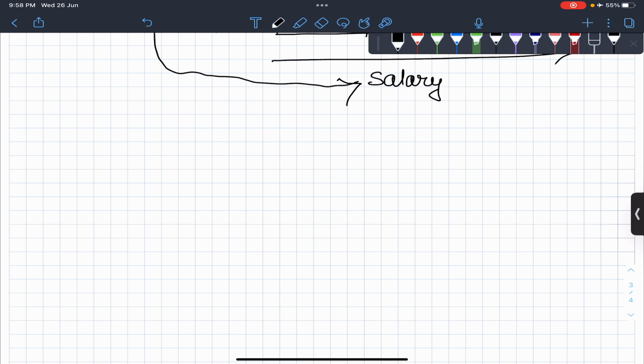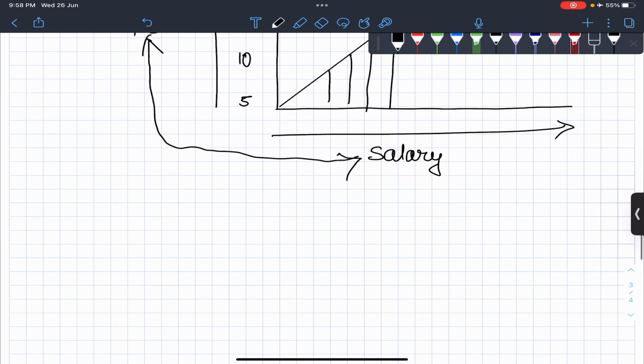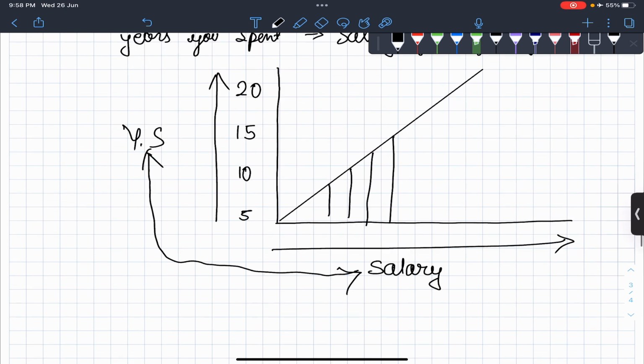So if we work on the time and the salary, then we can definitely reach a solution that gives us the actual result of the problem that we want to get.